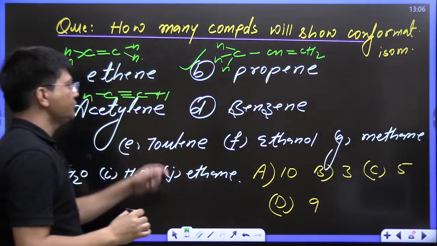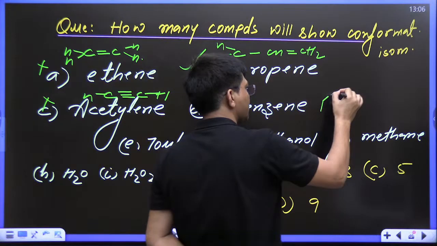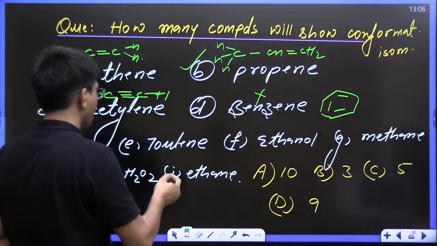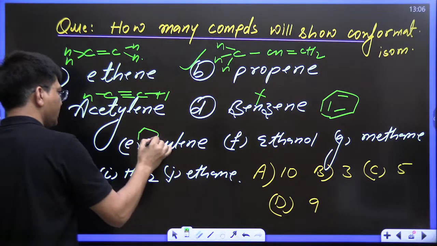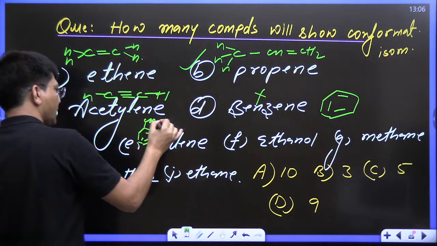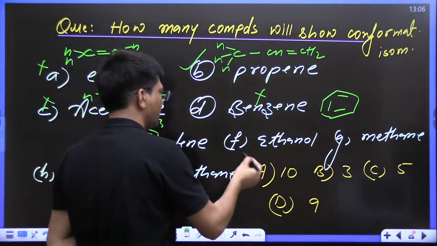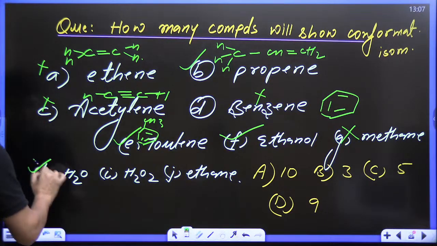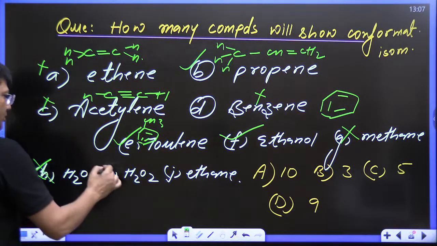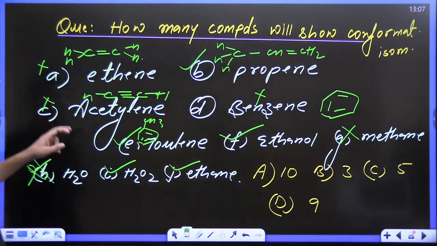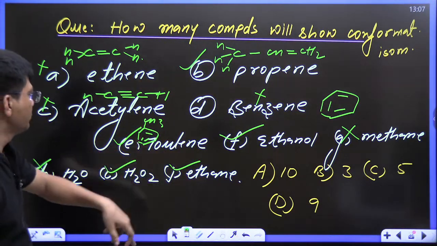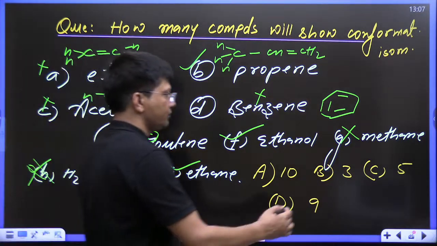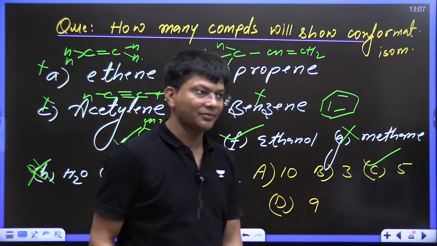Benzene, all the carbons are doubly bonded, cannot show. Toluene, yes, one is CH3, that can move. That's why it shows hyperconjugation. Ethanol, yes. Methane, no. Hydrogen peroxide, yes. Water, no. This, yes. This, yes. How many compounds? 1, 2, 3, 4, 5. So option C is correct.